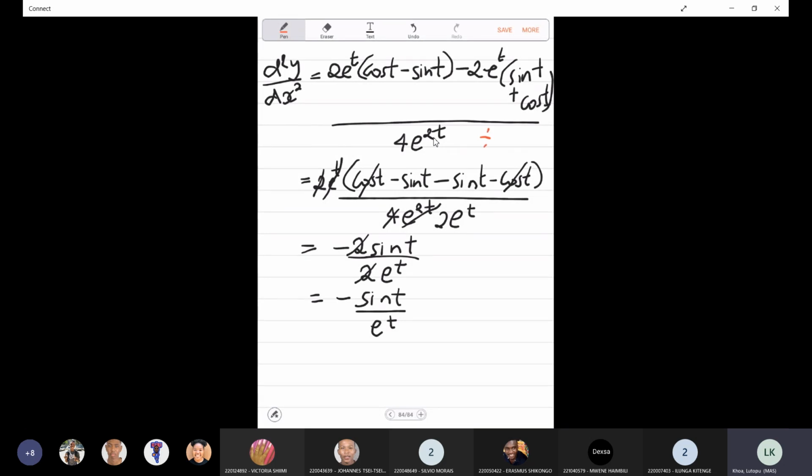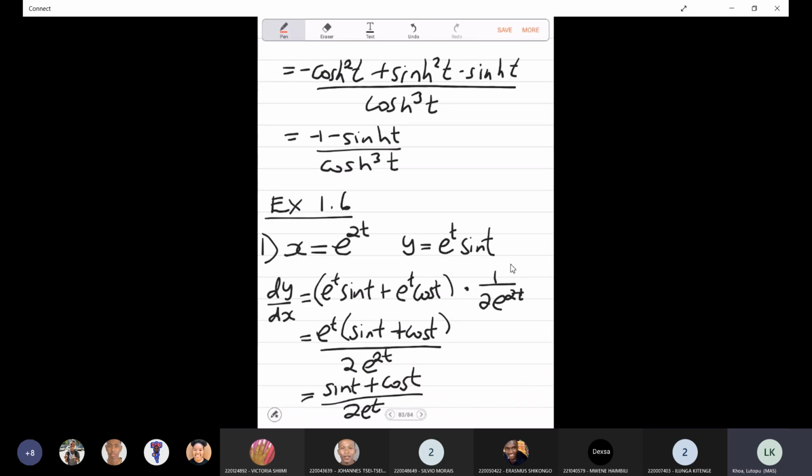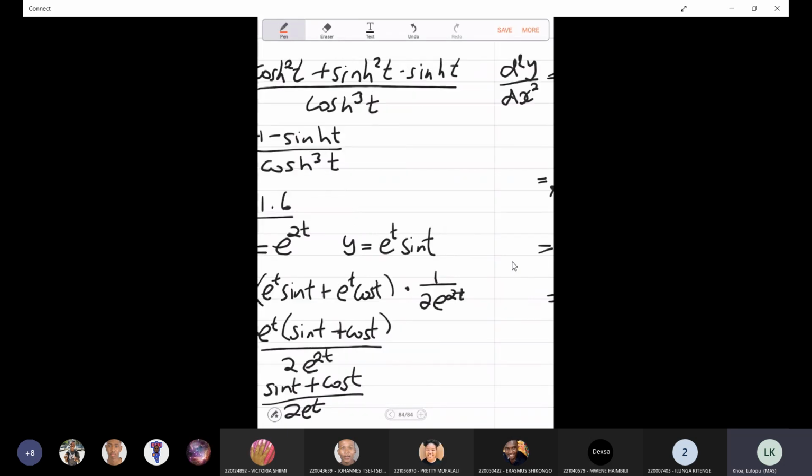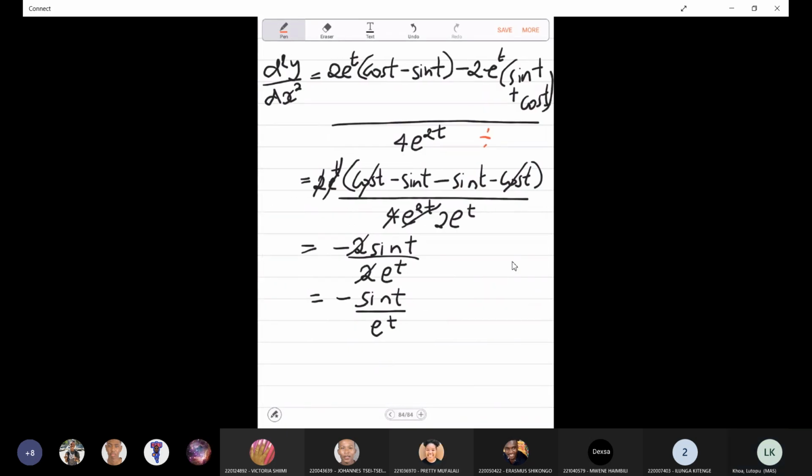We need to divide by dx/dt. dx/dt is this one here. So divide by 2e to the power of 2t, or multiply by 1 over 2e to the power of 2t.